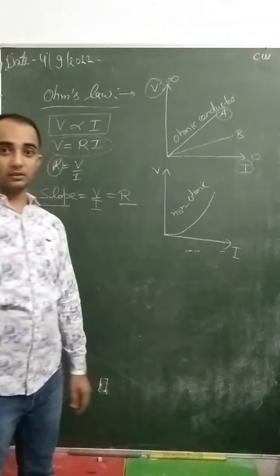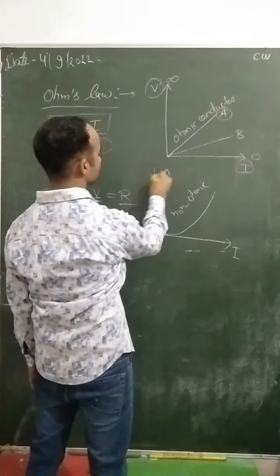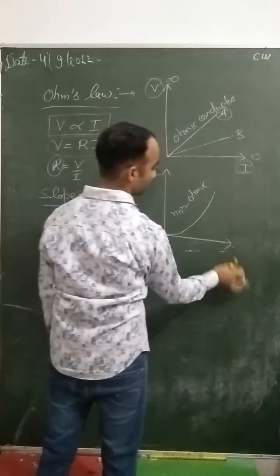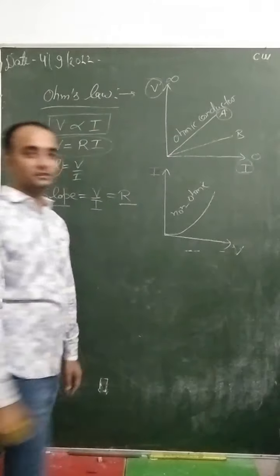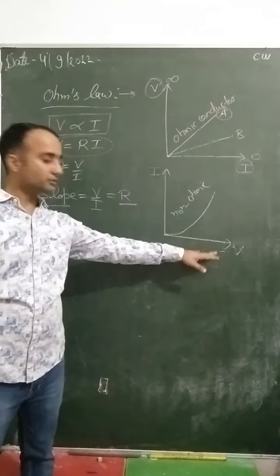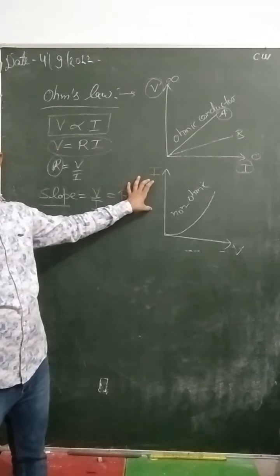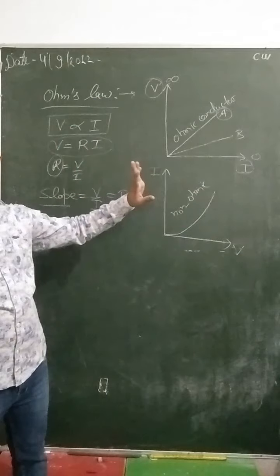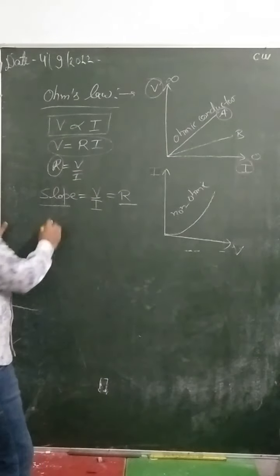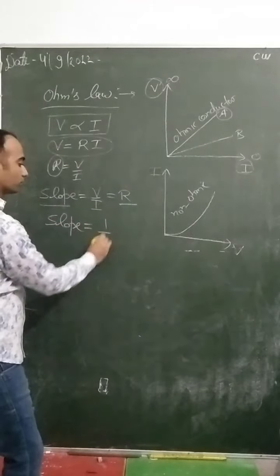But remember one point in your mind: if current is used on the y-axis and potential difference on the x-axis, then the slope will be inversely proportional to resistance. The slope is equal to 1 upon R now.